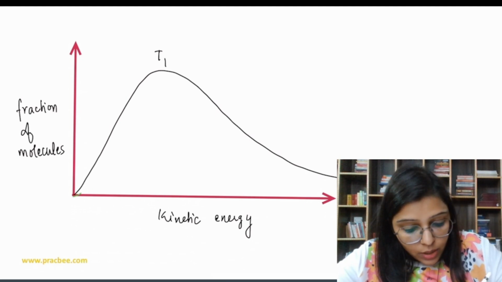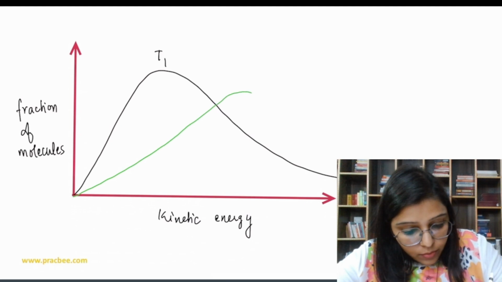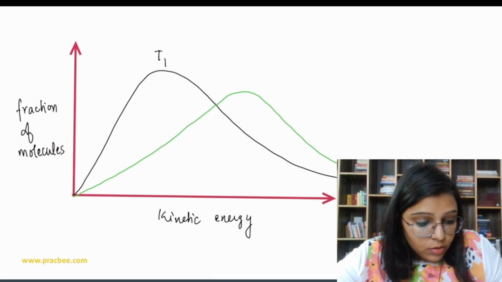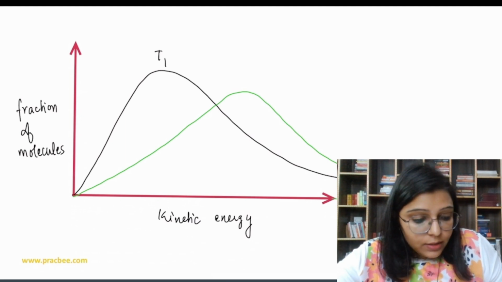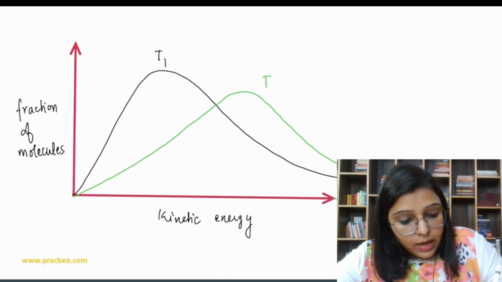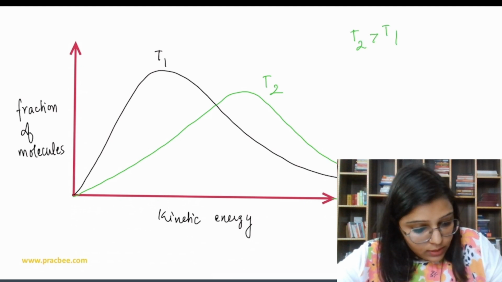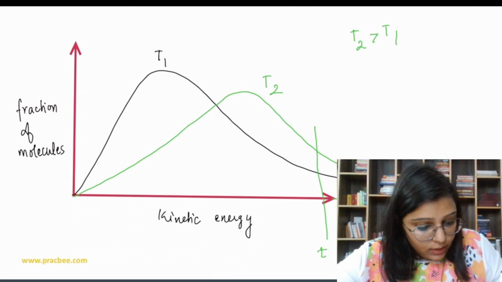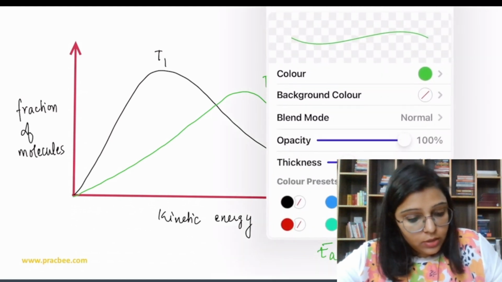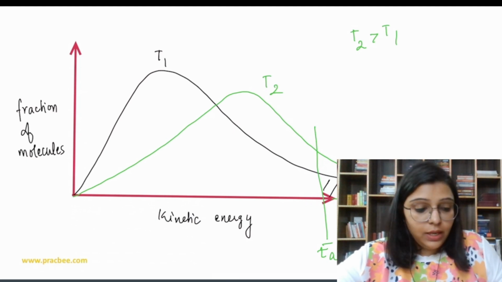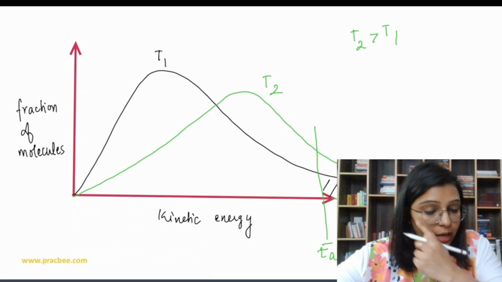So we have more molecules which can pass the energy barrier. Suppose T2 is greater than T1, and this is the activation energy EA. At T1 we have only these molecules which pass the energy barrier.